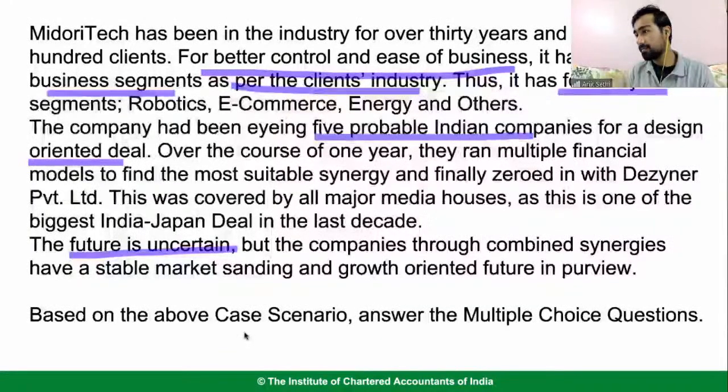You go there, you will find in Paper number 7, MCQs and case scenarios booklet. Go to MCQs and case scenario booklet section B. Go to page 67 and you will find this there. It's already uploaded on BOS. I just took it from there. Cool. Can we move on to the questions now? It's not in the study material, Jamil. It's your case booklet, which is there on the ICAI website.